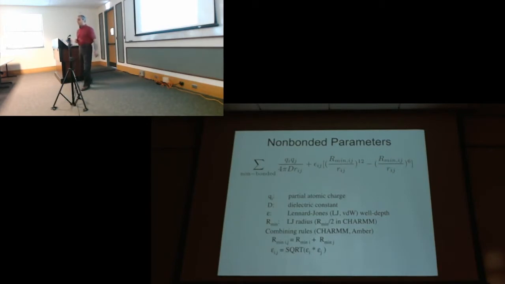That's a very useful way of, for example, let's say I know that potassium ions, when they interact with carbonyl groups in my protein, have a standard kind of interaction between potassium and oxygen. That's the standard part.